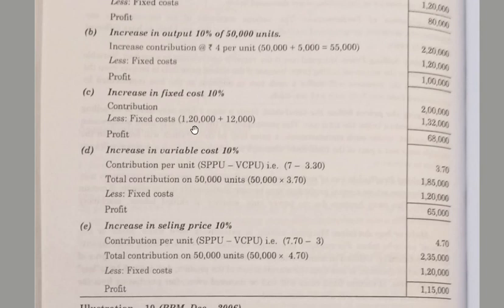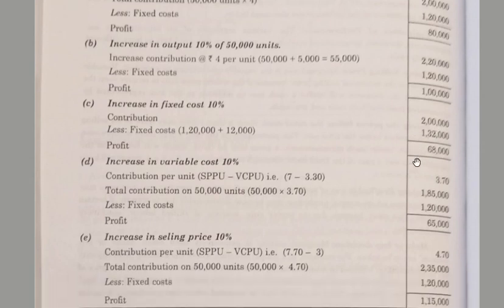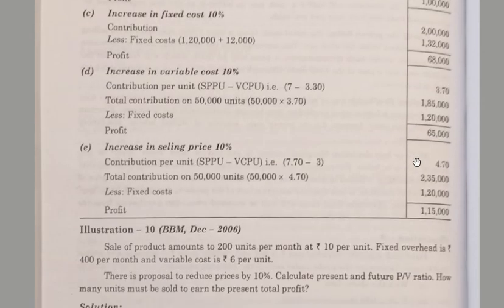So 1,20,000, your actual fixed cost, plus the increase of 12,000, so your fixed cost is 1,32,000. Your contribution as per the data is 2 lakh. So 2 lakhs contribution minus fixed cost 1,32,000, profit is 68,000.